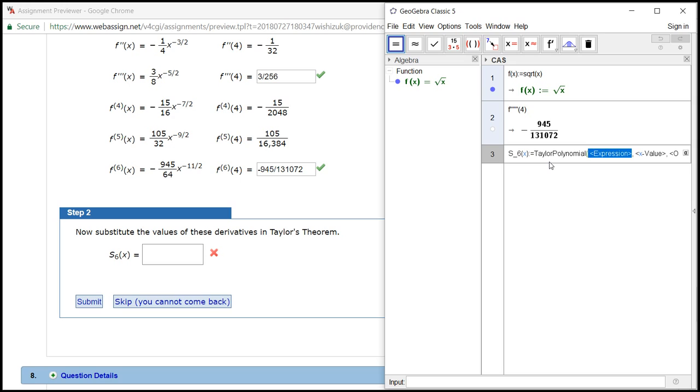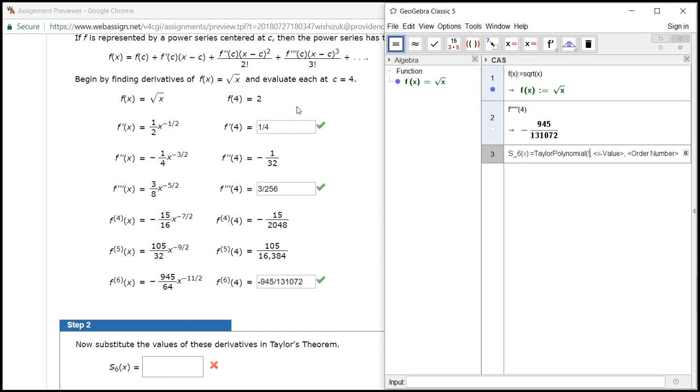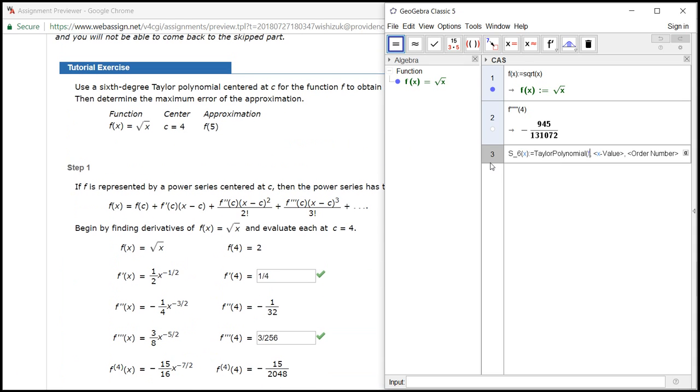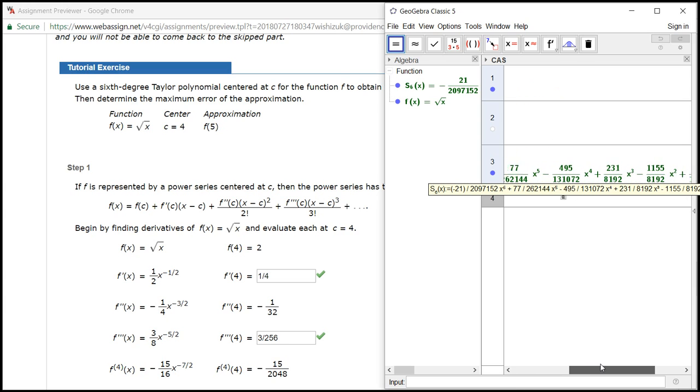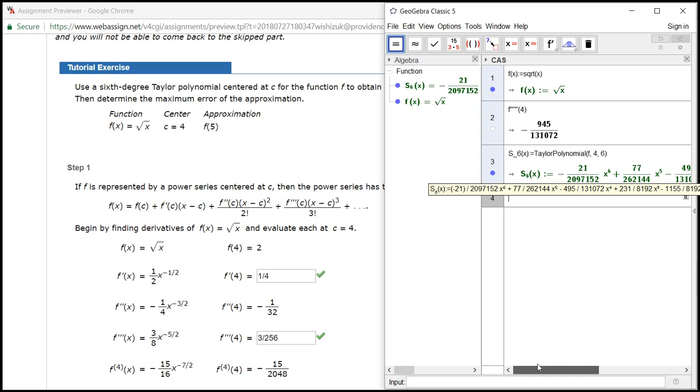The function is f in this case, the center is at 4, so the x value is 4, and the order is 6. If you hit enter, you might not be able to see the whole thing here. This is the Taylor polynomial.